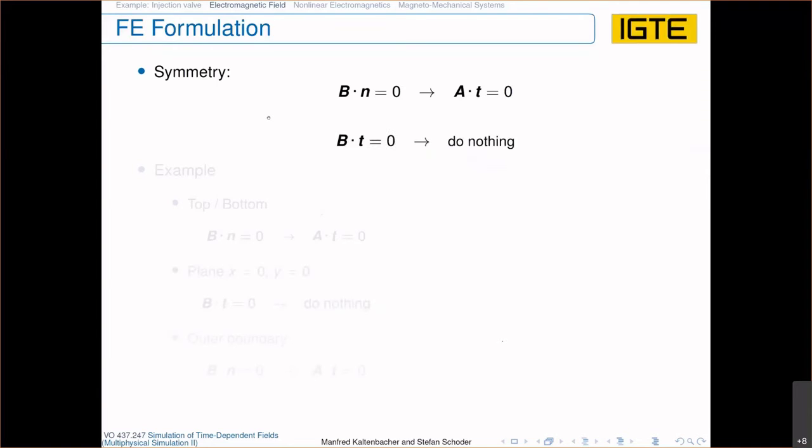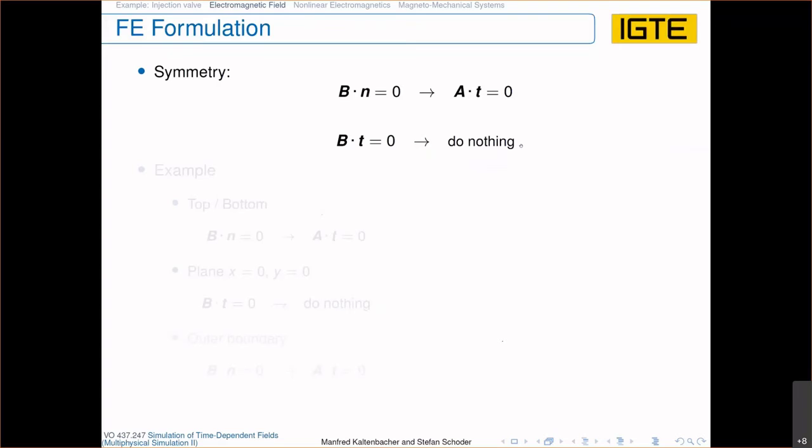However, you could also have surfaces where the tangential component of the magnetic flux density is equal to 0 due to a symmetry condition. And in this case, you should do nothing, because then you have everything, because your magnetic vector potential lives on this surface.